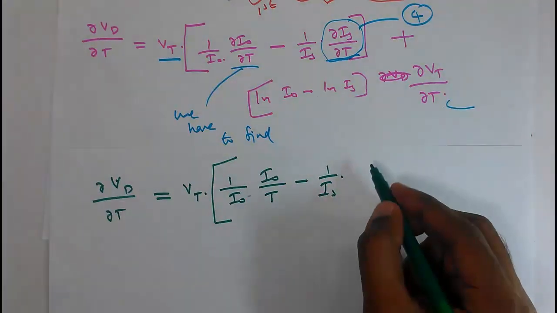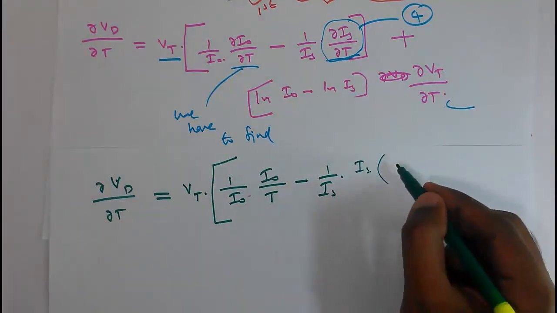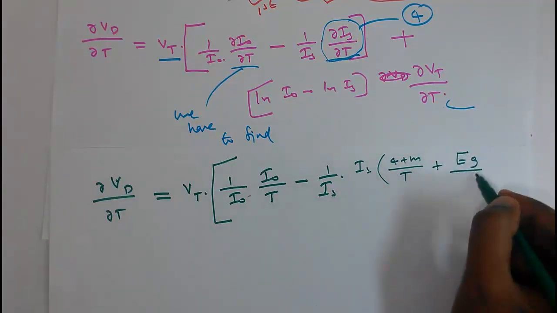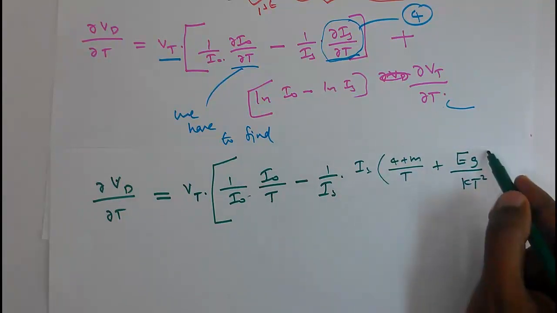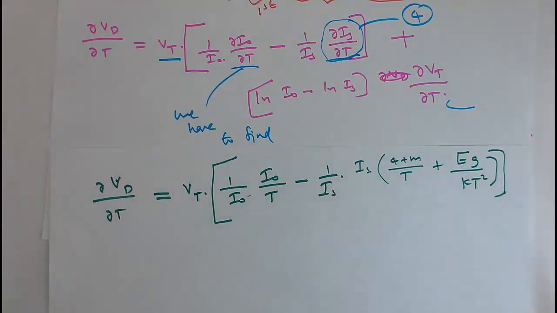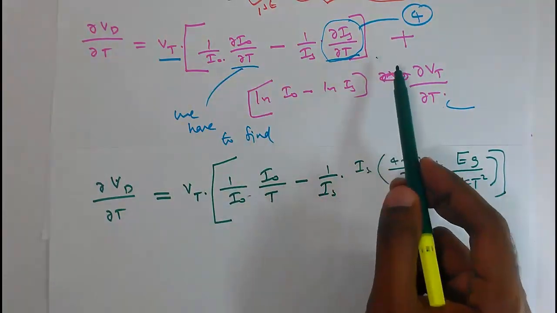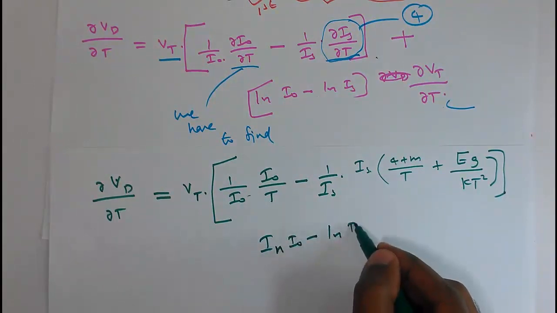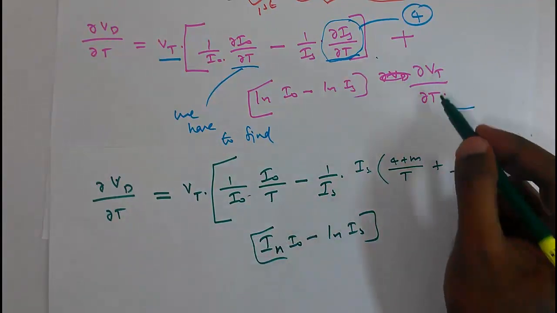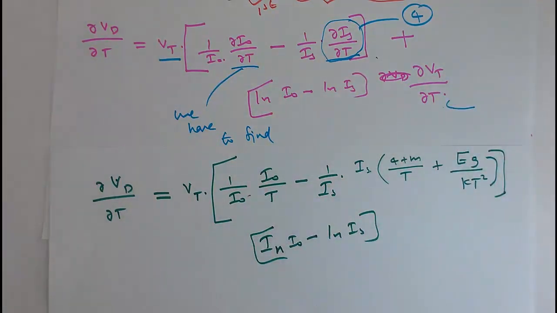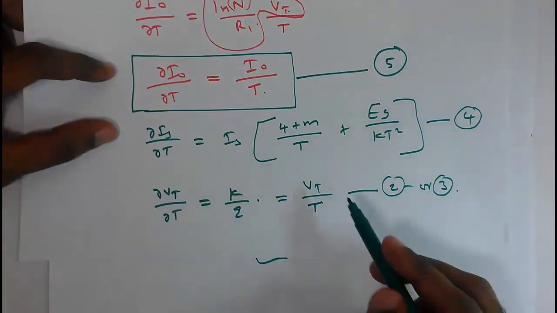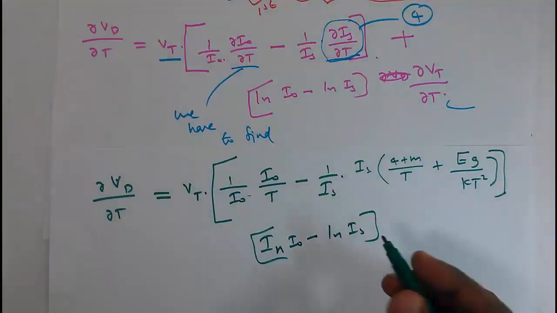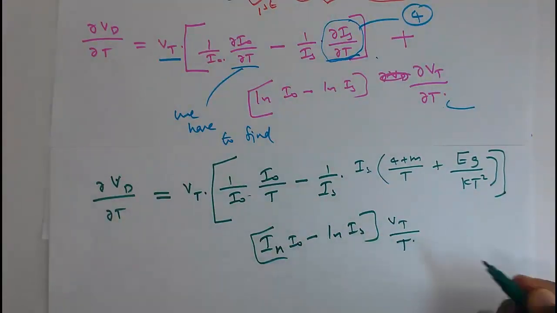So I am writing it also: Is into 4 plus m divided by T plus Eg by kT square. So we have the first term now. The second term we have ln I0 minus ln Is into dou Vt by dou T. Dou Vt by dou T we also derived, that is Vt by T or k by q. So we are writing Vt by T here.